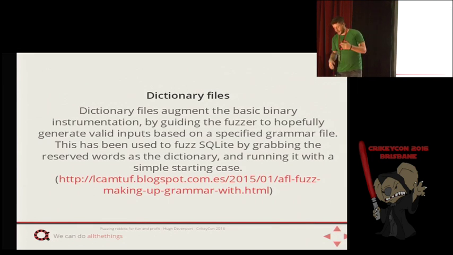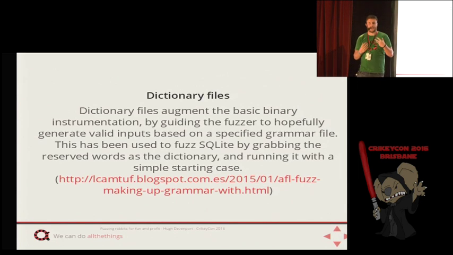So the dictionary feature of AFL, it basically allows you to, so programs don't always have binary level syntax. Well, they're not just all random binary data. So you might have certain keywords or certain binary strings that might come up from time to time.